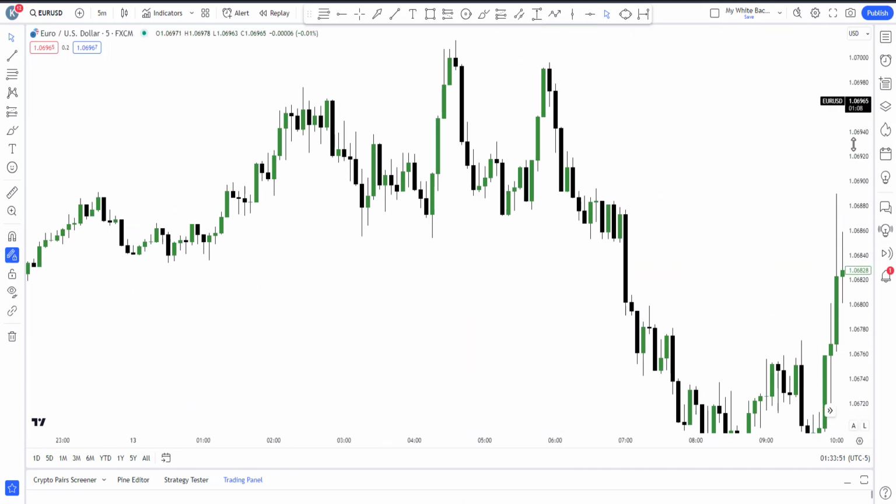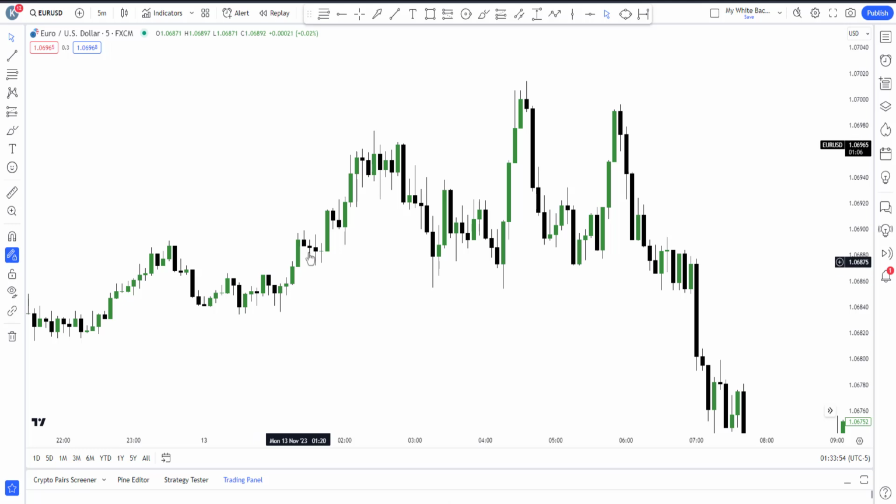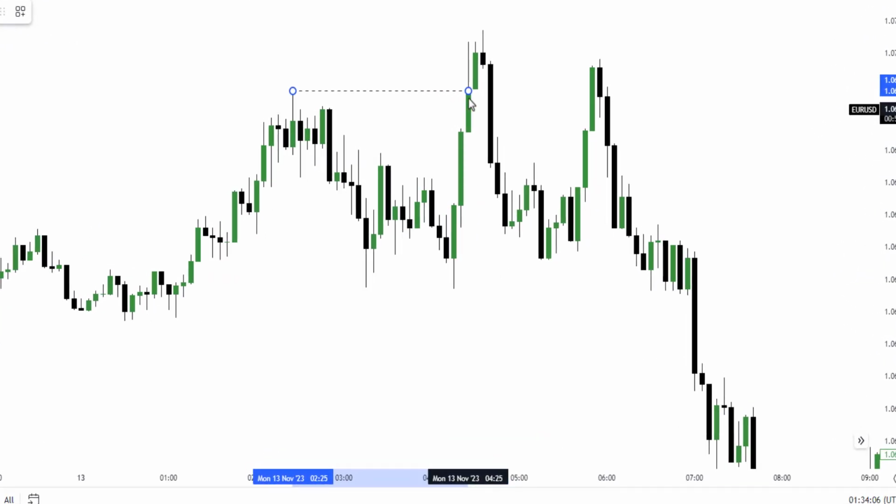All right, so look at this. Price was coming up, and it had a high here. This is the highest level price came to. All right, and as price pushed up from here, it pushed up to this area, creating a breakout structure, which was the last sell candle. This guy was the last sell candle.